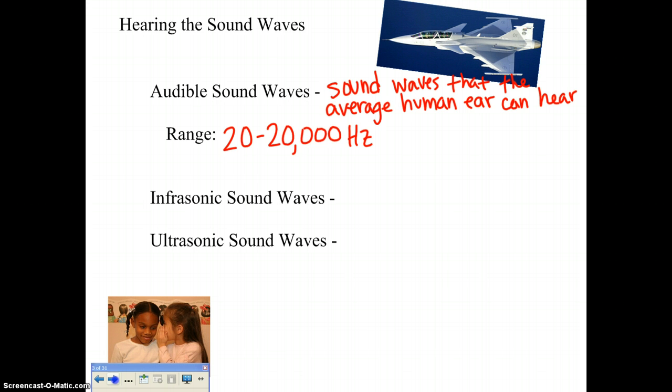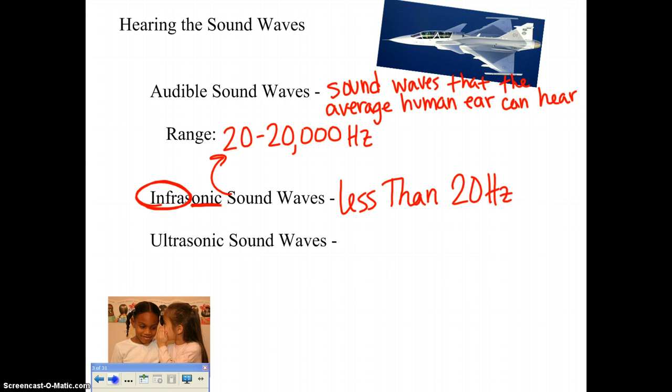So it's a frequency that we're looking at here. This should make sense. Infra means before. Sonic is sound. So sounds that are prior to 20 are going to be known as infrasonic sound waves. So for infrasonic sound waves, less than 20 hertz. To be a little bit more specific, guys, sounds that are registering at less than 20 hertz.